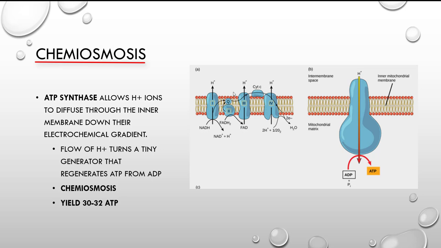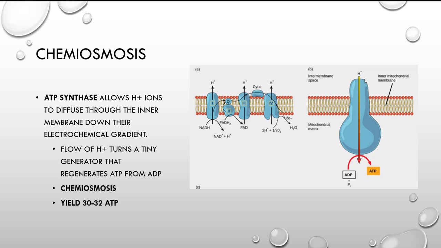So just imagine somewhere nearby there is this weird-shaped protein. It's basically an enzyme, and it has a weird shape to it because it has a little, like a generator, a little rotor in it.